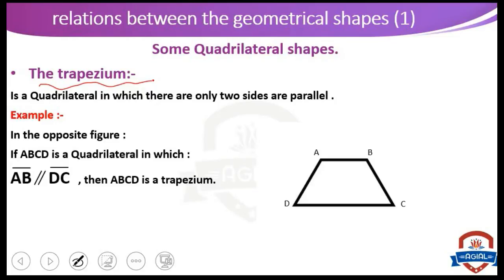For example, in the opposite figure, the shape ABCD is a trapezium. In a trapezium, only two sides are parallel. In this figure, AB is parallel to DC.